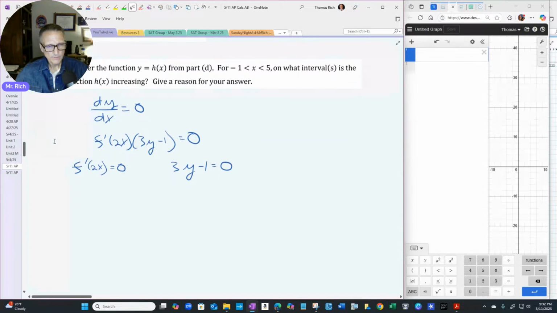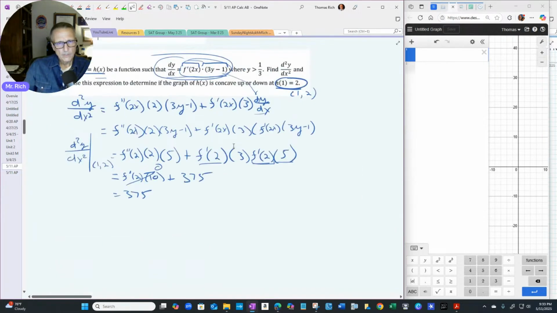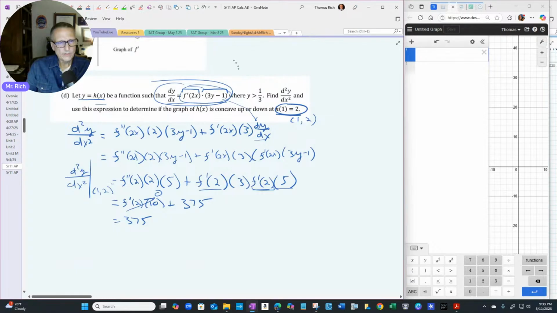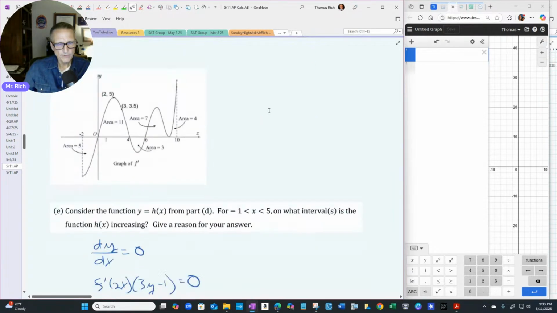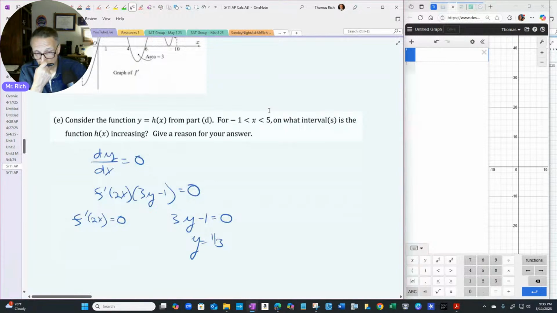So what are we doing on that one? Let's see. Trying to find out when the function is increasing. This is going to be when y is greater than 1/3. So that's why they're telling us y is greater than 1/3.